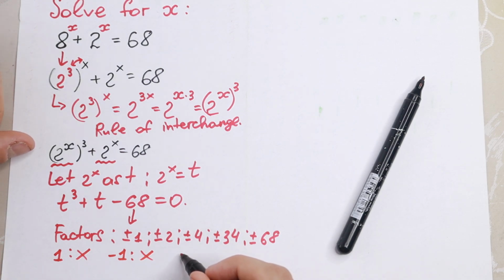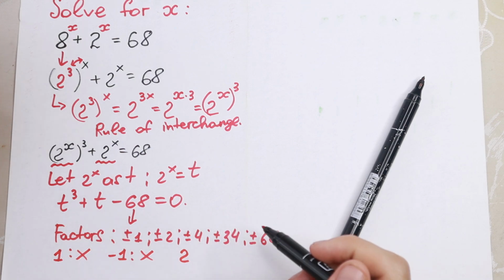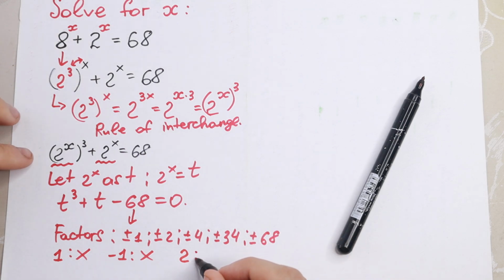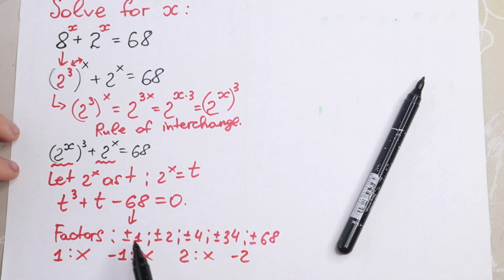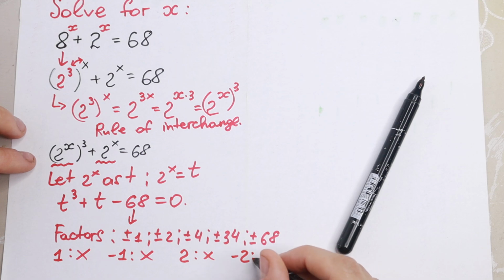Secondly, 2. What will we have? 2 cubed plus 2 minus 68. This is not a good answer, so this is not good. Minus 2 as well, because we will have minus 8 plus minus 2. This is not good.